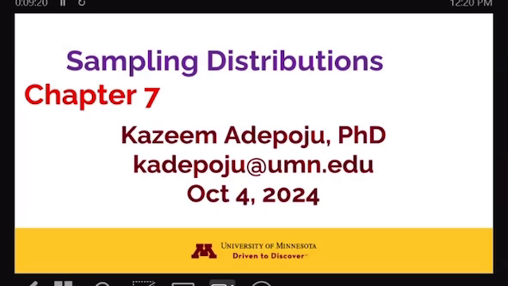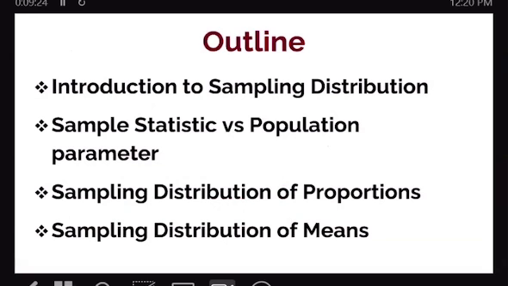This is chapter 7. In the outline, I'm going to introduce you to sampling distribution. I'm also going to differentiate between sample statistic and population parameter. I've walked you through this before, probably in chapter 1 or chapter 2, where we differentiated between statistic and parameter.